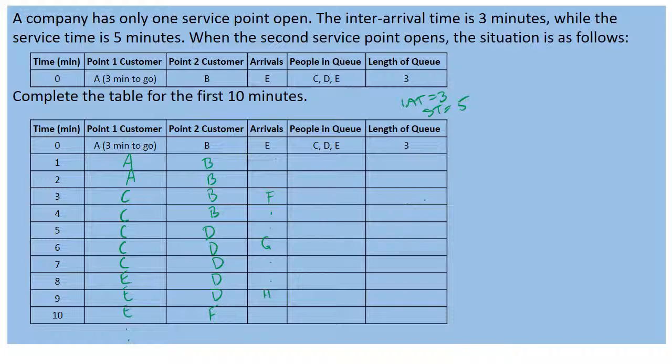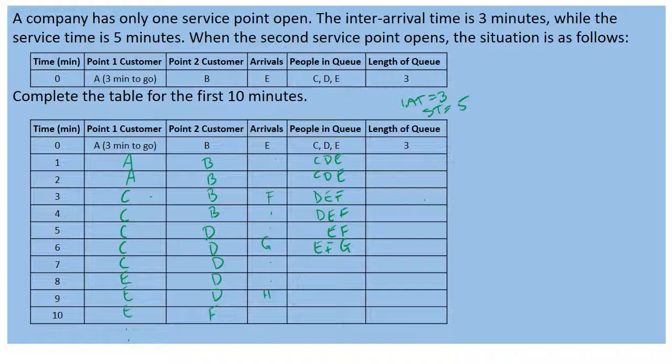Let's consider the queue. We still have people in the queue, C, D, and E. Okay, C is being served here, so we've got D, E, and F. Well, D is now being served, so we're down to E and F. E is still waiting in the queue, so we've got E, F, and G has just turned up.